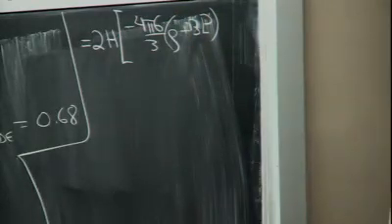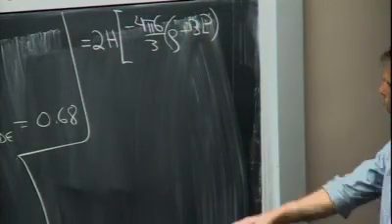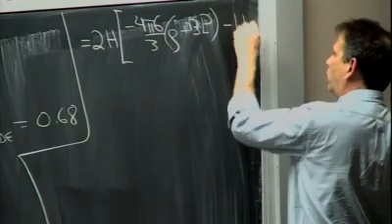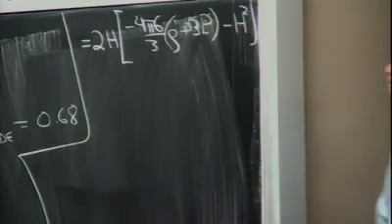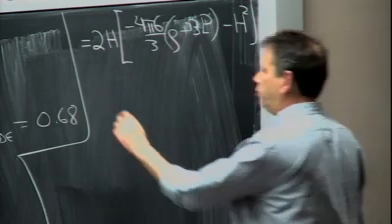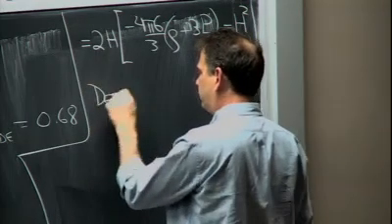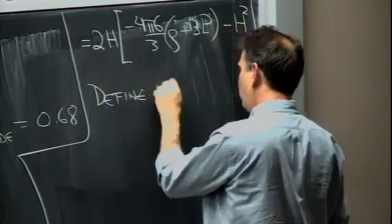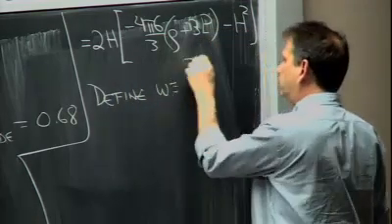That's what a double dot over a is. And then you subtract off minus H squared. So now I want to introduce a definition. Let's define the equation of state W to be the energy density divided by the pressure.